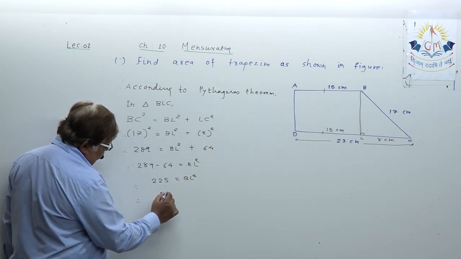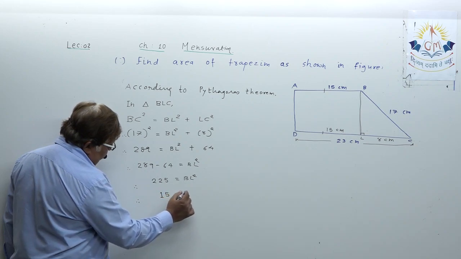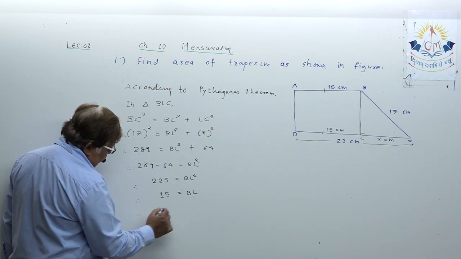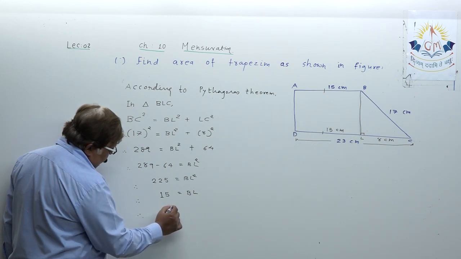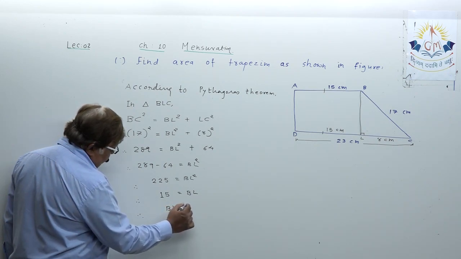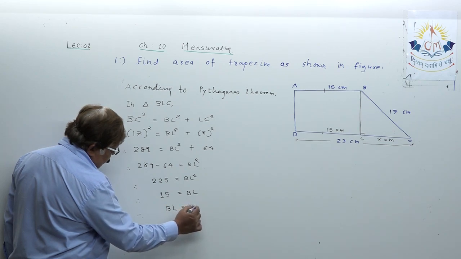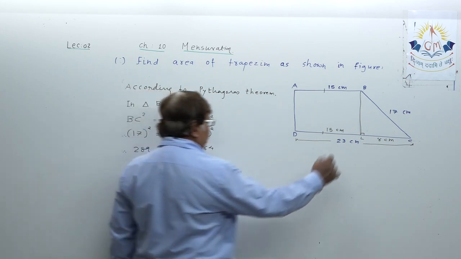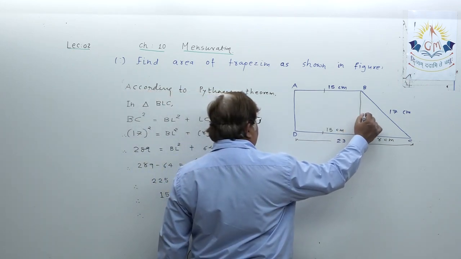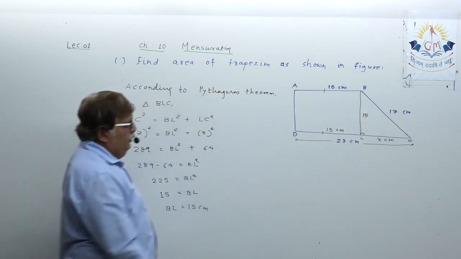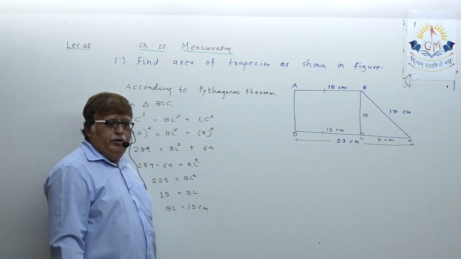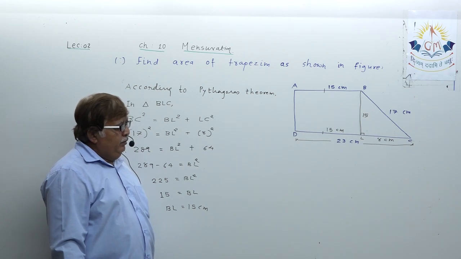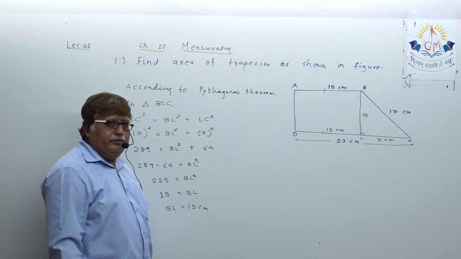Take out the square root. 15 equals BL. So dear student, you got BL equal to 15 centimeter, which is actually the distance between both the parallel sides.